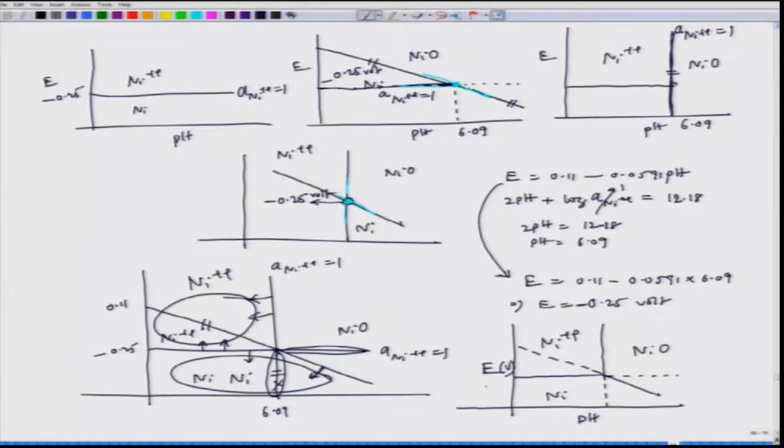So, we see that we can distinctly specify the stability regions of 3 species, this one, this one and this one. So, in the nickel H2O system, we have considered 3 simple reactions and then tried to see the stability regions in the E versus pH plot. So, we will have more on this Pourbaix diagram.